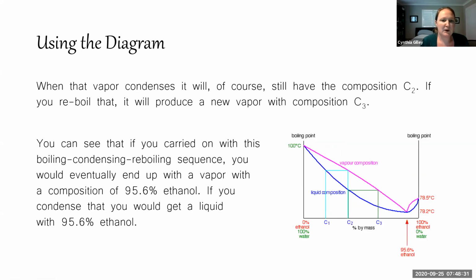When that vapor condenses, it will of course still have the composition C2. If you reboil that, it will produce a new vapor with composition C3. If you carried on with this boiling, condensing, reboiling sequence, you would eventually end up with a vapor with a composition of 95.6% ethanol. If you condense that, you would get a liquid with 95.6% ethanol.